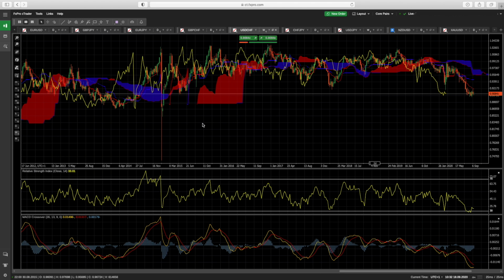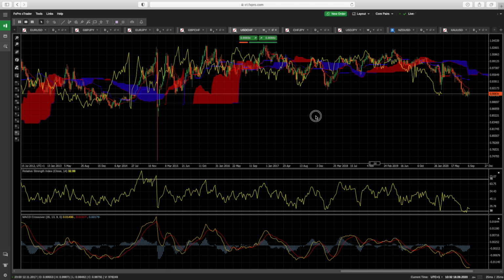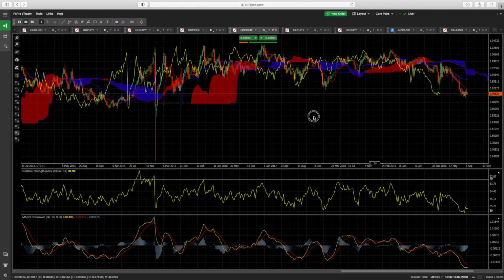But I don't tend to use trail stops on my trades, because it doesn't form part of my trading strategy. I don't think it's quite efficient. If you know where your take profit is and you know where your stop loss is, you can easily just manually adjust your take profit as you see fit, or just let your trade run to your take profit and be done with it.